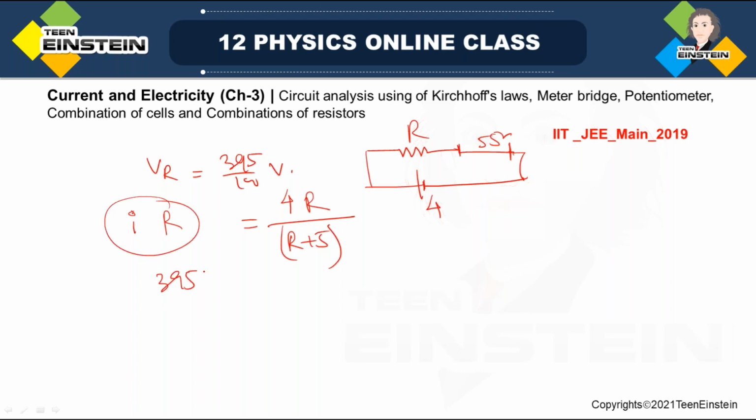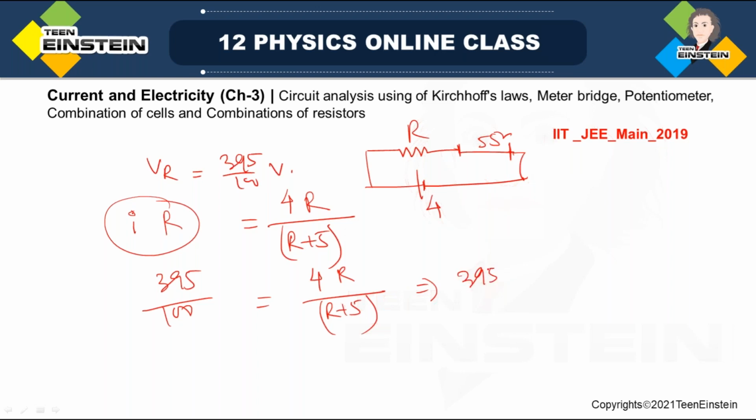So this is equal to 4. We have to find out the value of R. This is R plus 5. Now, if we try to calculate it from here, let us go with that.